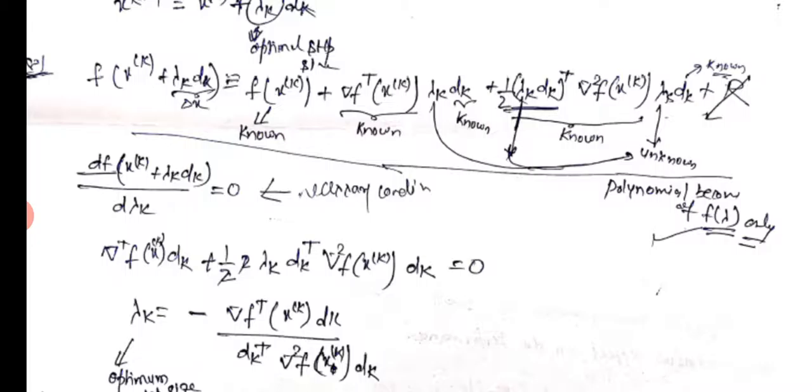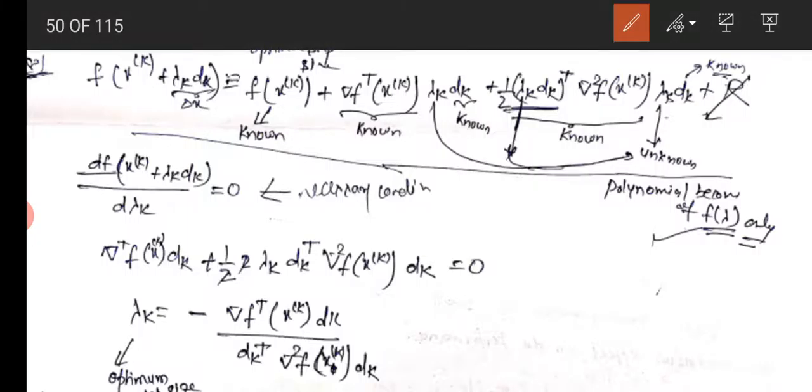First of all, you have to understand this. Listen here. This f of x is known. At the kth iteration you know the value of x, so you can calculate the value of f of x. Once you know f of x, you can calculate this also.